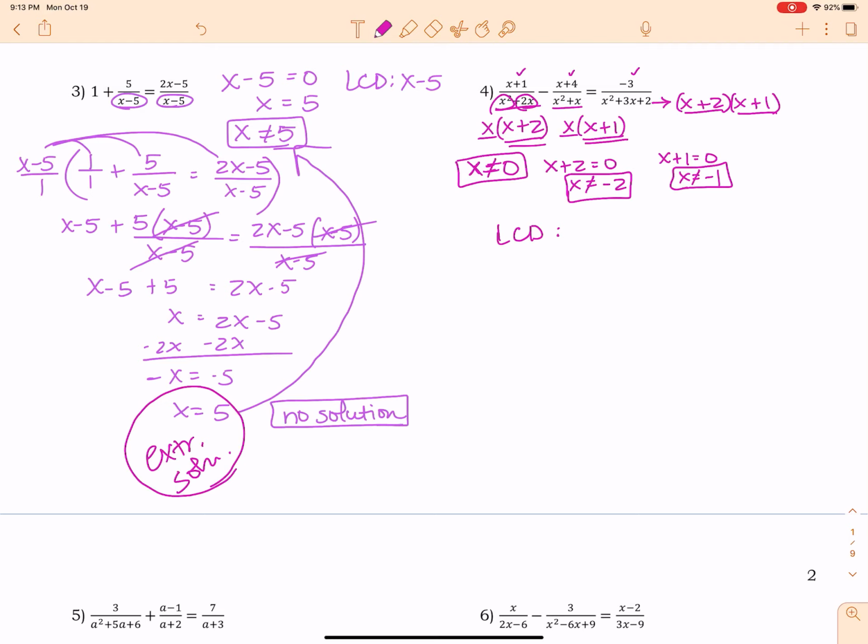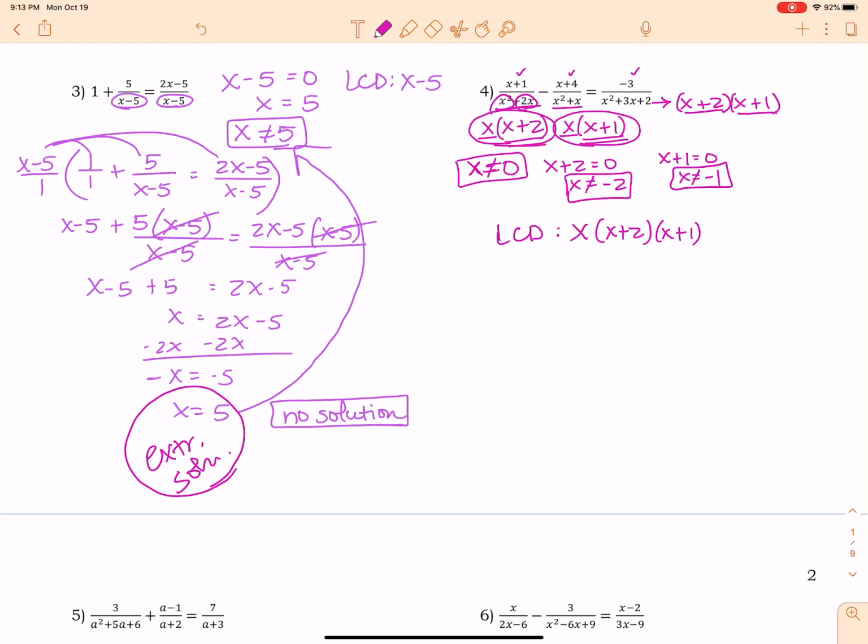Notice that this denominator has an x and this denominator has an x. Well, since neither one of them has 2 x's, I just need the one x. My denominator also has to have an x plus 2 and an x plus 1.